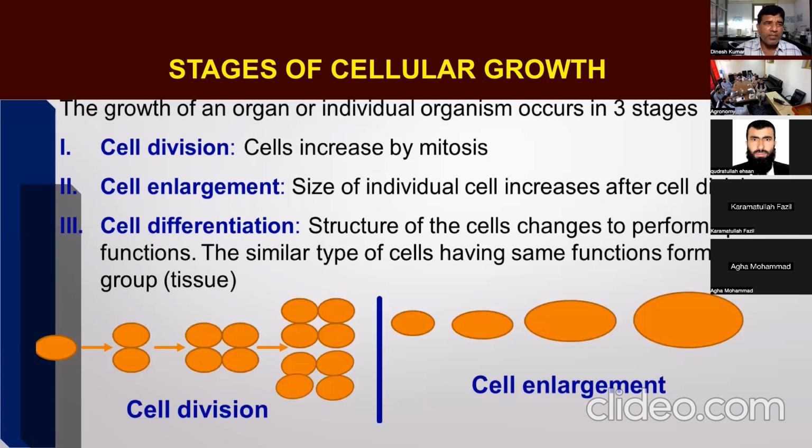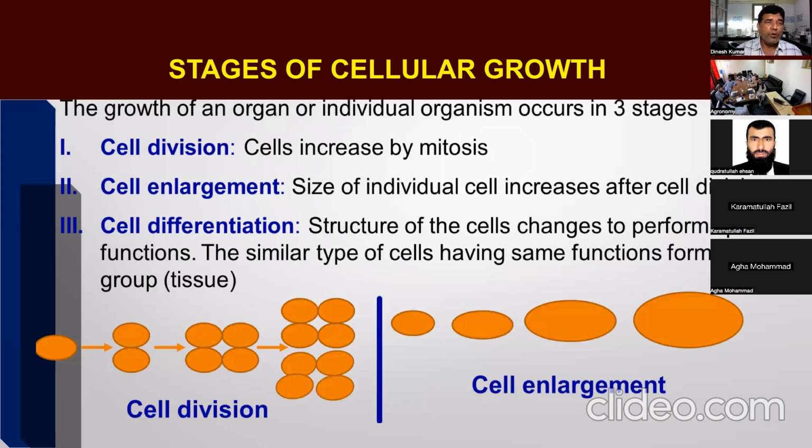And in cell differentiation, plant hormones play a very important role. In root induction, if you have a gulab branch, you can cut it and dip it in indole butyric acid and it will give you roots.